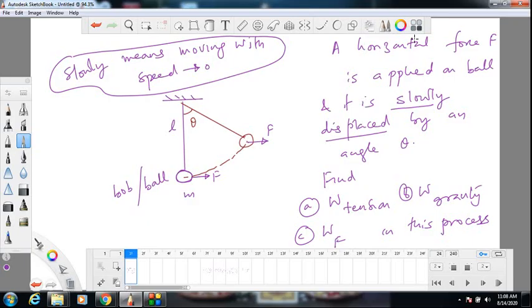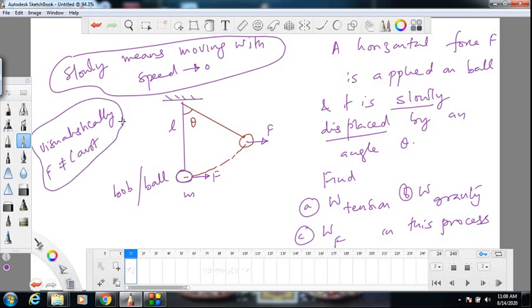My take is magnitude of F is changing, because as the ball climbs up, it requires even greater force to hold it or to take it upward by a small distance. So magnitude of F keeps increasing. So F is not a constant force. Direction is constant, but the moment the ball goes up, you need even more force to keep it going up.